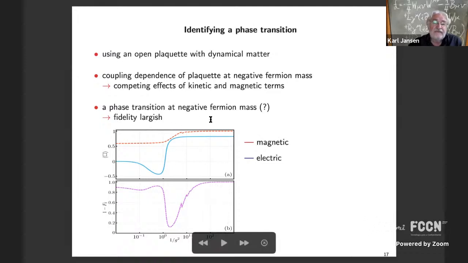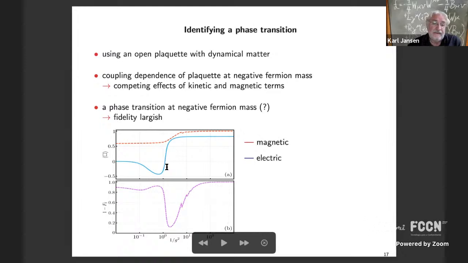So this is a negative fermion mass, which would actually correspond to a theta parameter of the topological term equal to pi. So we think this is a topological phase transition at theta equal pi, which you can also represent when you have a negative fermion mass.